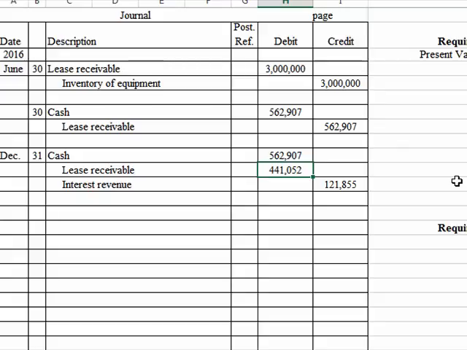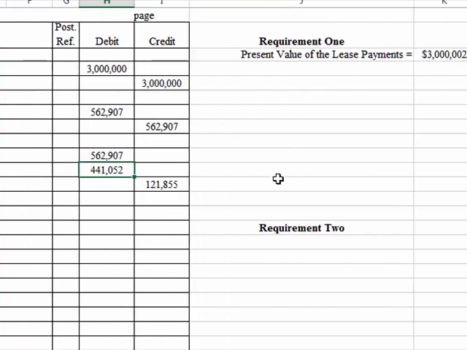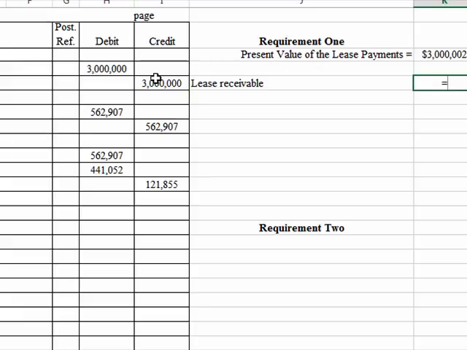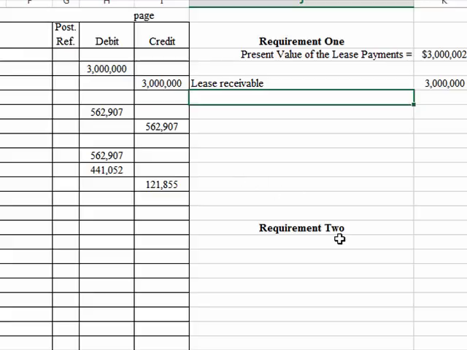Okay, so on requirement 1, they want to know the balance sheet effect. Well, you're going to have an account, lease receivable. Its original balance was equal to the $3 million. And then you had the payment on June 30th.